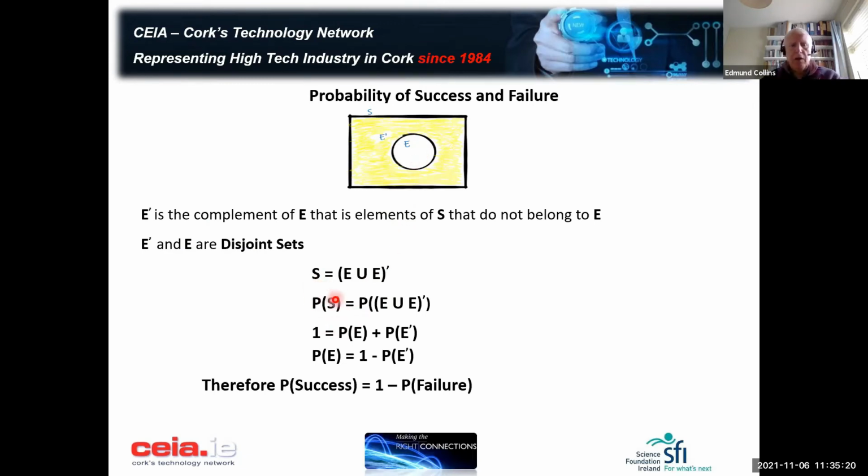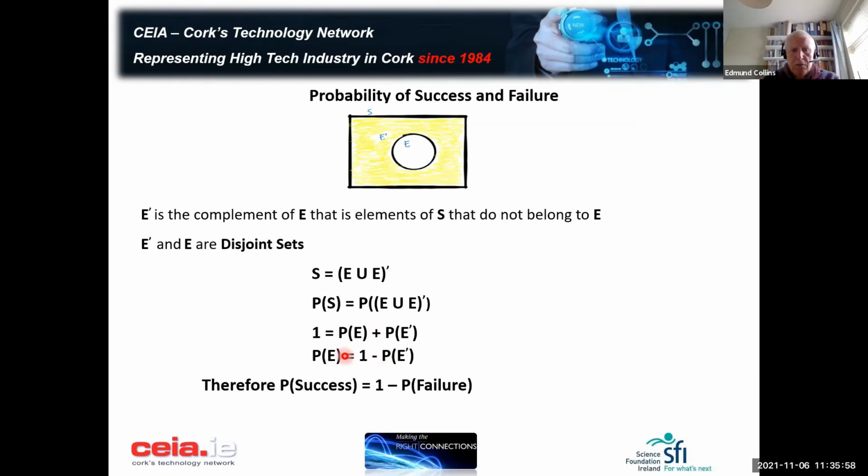Therefore, the probability of the sample space is the probability of E and E dashed, and therefore the probability of the sample space is always 1, and that equals the probability of E plus the probability of E dashed, or sorry, E apostrophe.